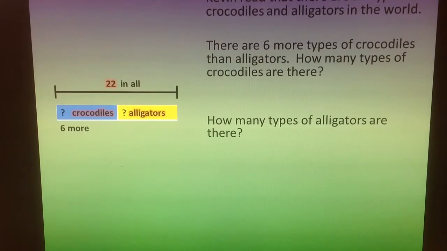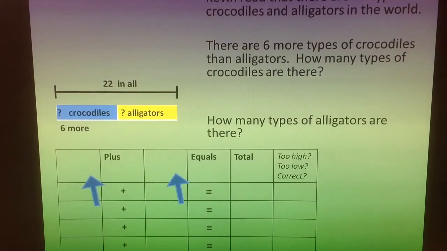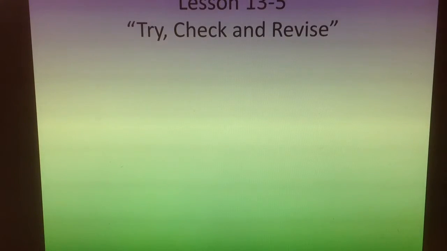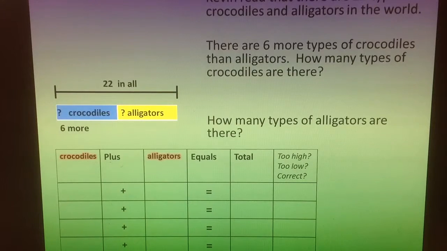And then when you add in your numbers and your information, you can finish up your graph. In the end, you should have 11 plus 3 for crocodiles, 11 minus 3 for alligators, 14 plus 8 is going to be your answer. 14 plus 8. There's a difference of 6 and they add up to 22.